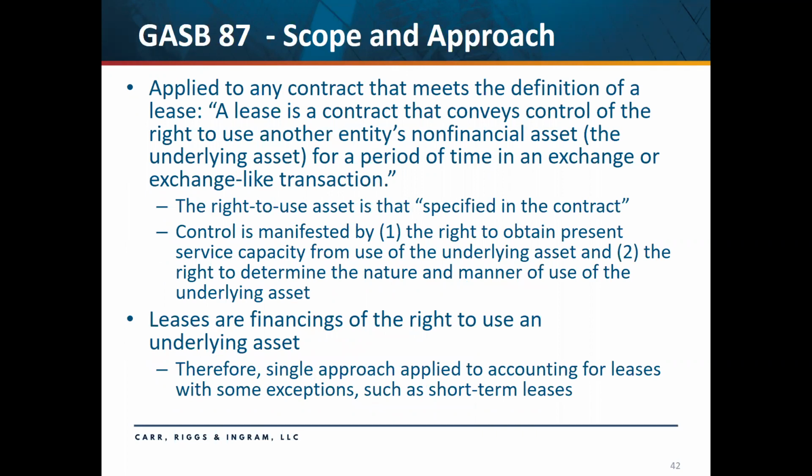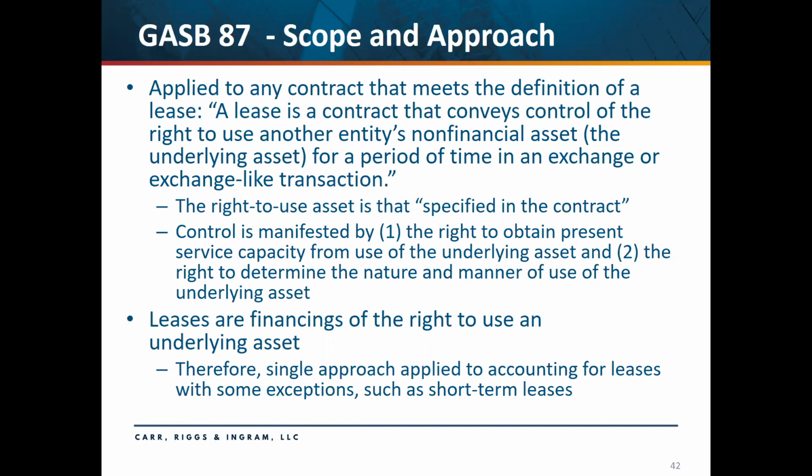So I wanted to go into the scope and approach, and some exclusions we'll also go through. So the scope is a lease is a contract that conveys control of the right to use another entity's non-financial asset, the underlying asset, for a period of time in an exchange or exchange-like transaction. So the right to use asset is that specified in the contract.